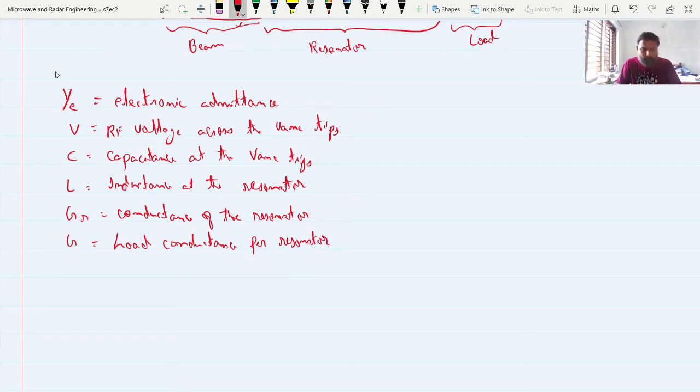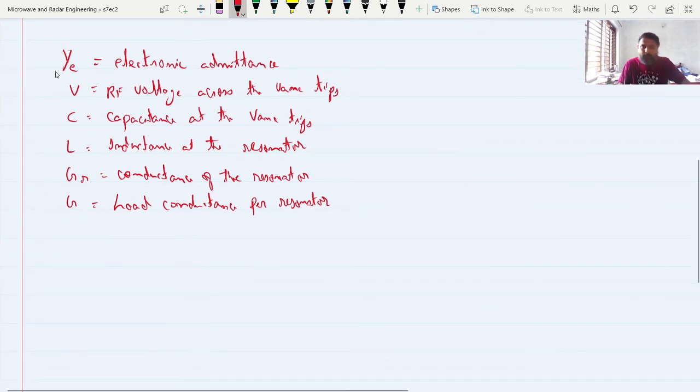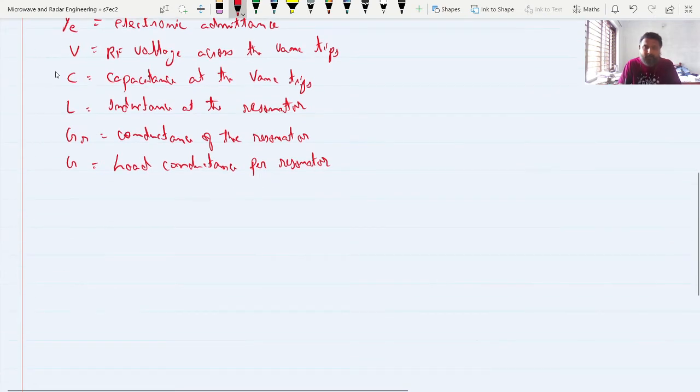So we can try to derive the equation for the output power as well as efficiency of the magnetron oscillator. Each resonator of the slow wave structure that is utilized in the magnetron oscillator is taken to comprise a separate resonance circuit.